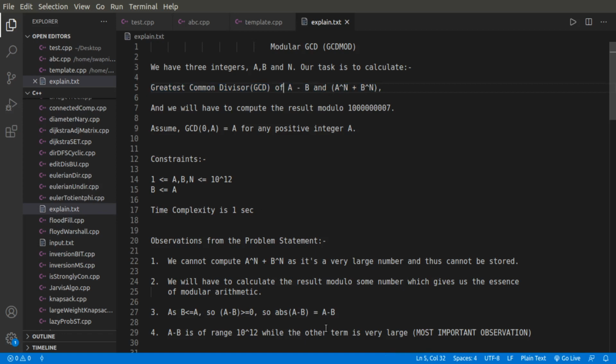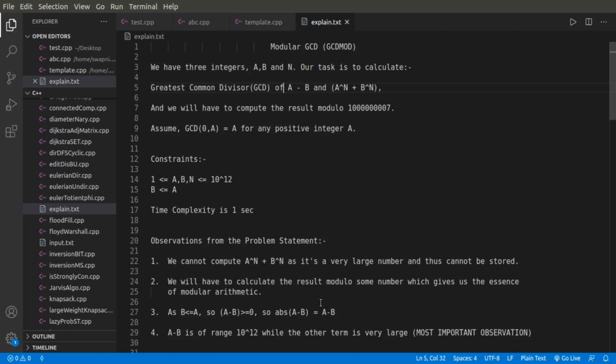The most important observation is that a minus b is of range 10 power 12, because a and b are in this particular range, while the other term is really large.